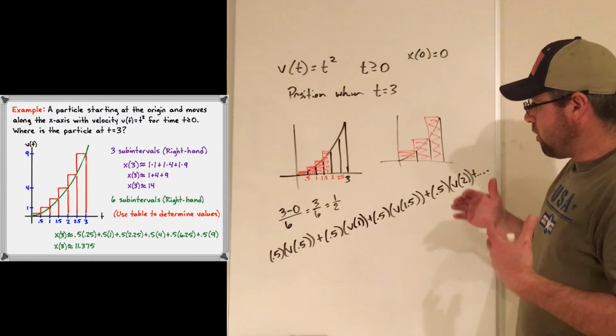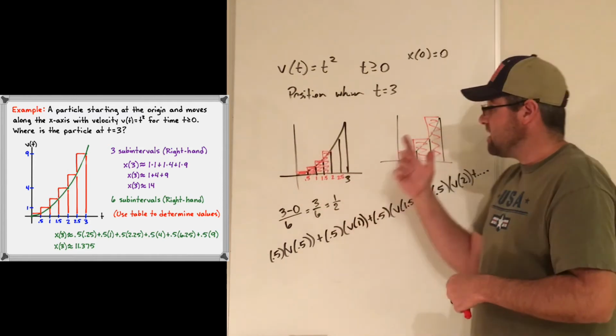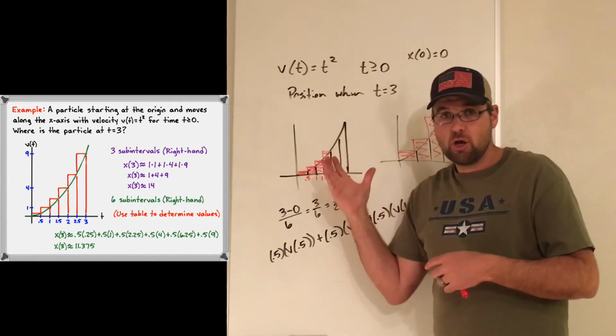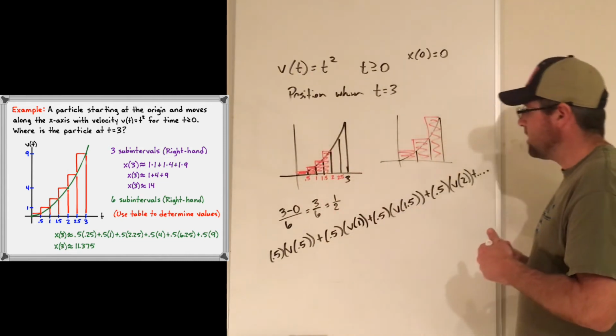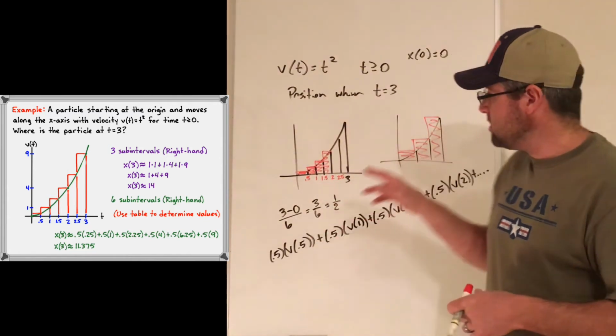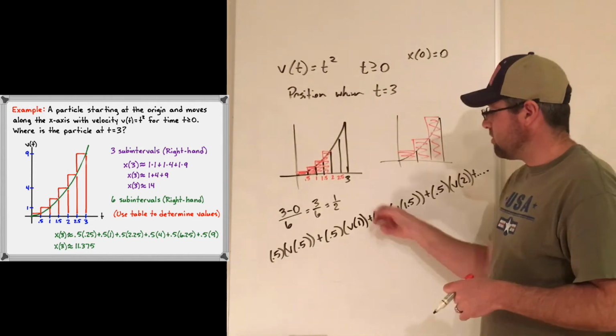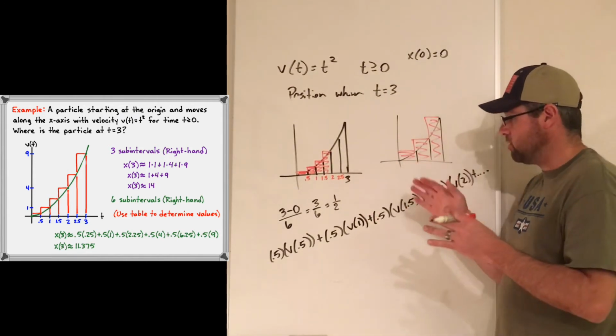Okay, so that means that this approximation is going to be less than that approximation, and it's getting closer to the actual value. So it does make sense that our original approximation using 3 subintervals was 14, and our approximation here was 11.375. So we're quite a bit closer.